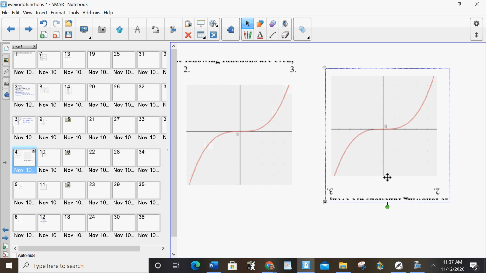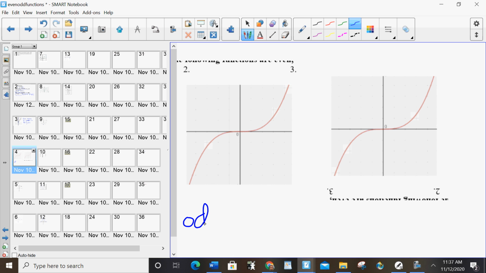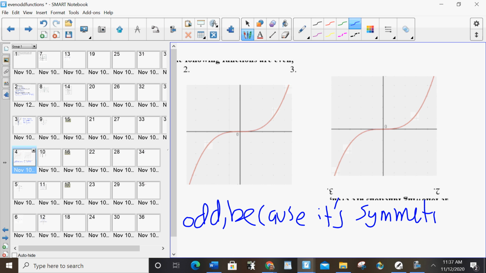Is that exactly the same as the original if it's upside down? Yes. Therefore, it is odd because it's symmetric to the origin.